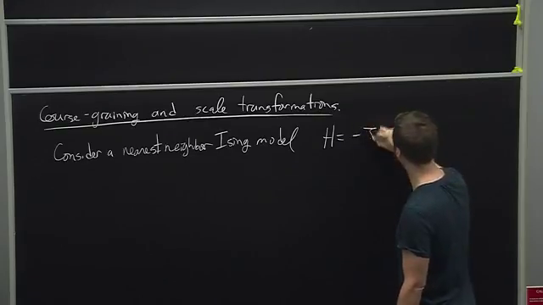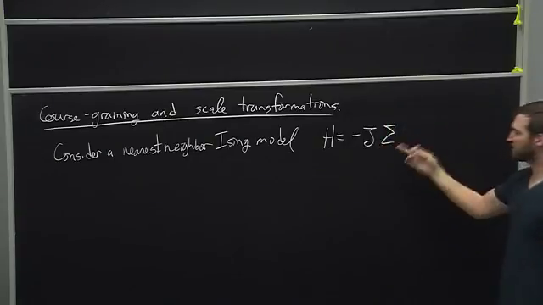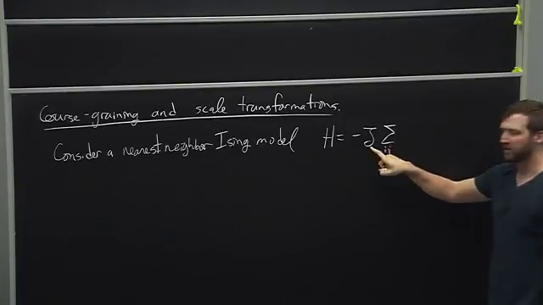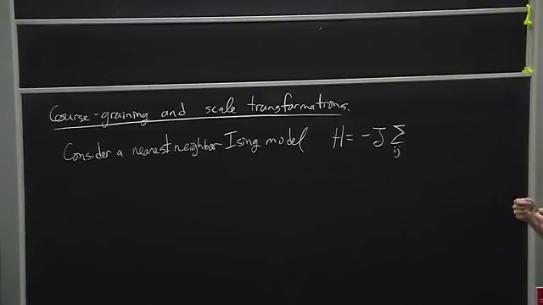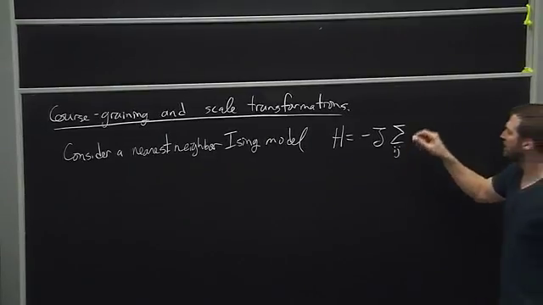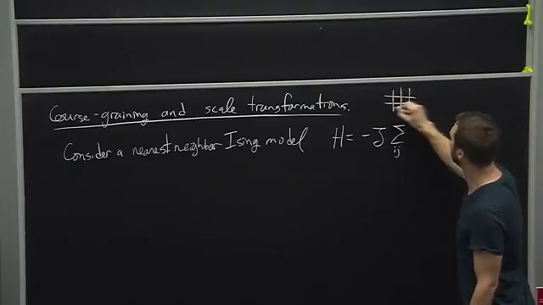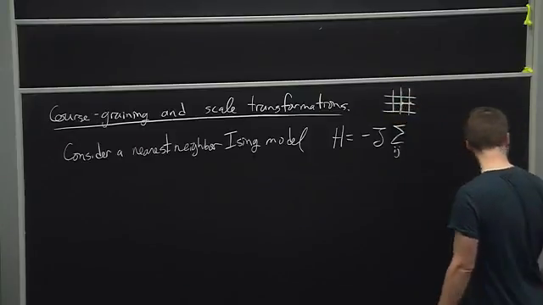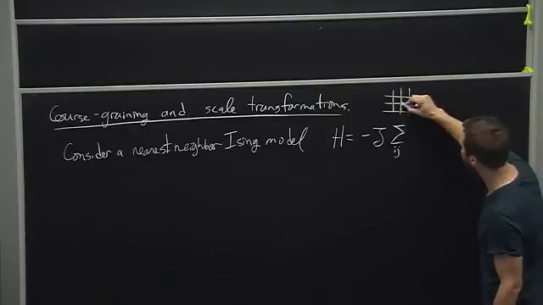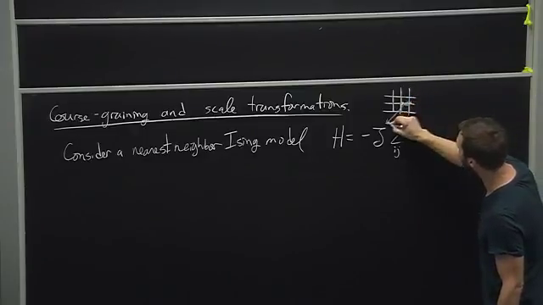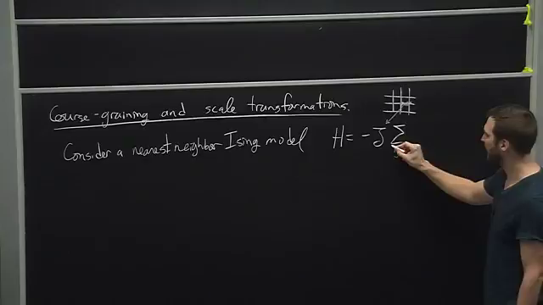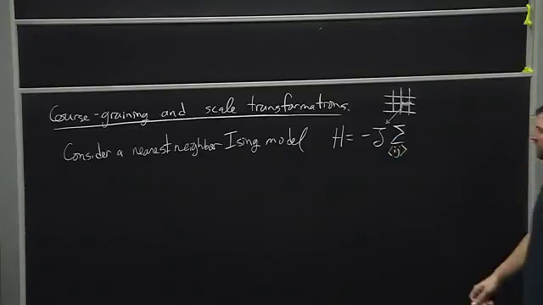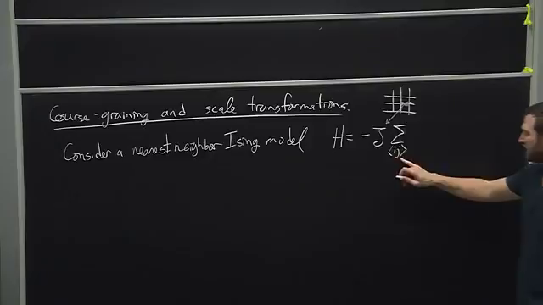I'll use J. I have a sum over, so I usually have an ij here, and I've defined J_ij as a matrix of interactions. But now it's a very simplified case where my J's only interact nearest neighbors. So my sites i and j are always nearest neighbors, and the notation we use is these angle brackets. So that's what that means.